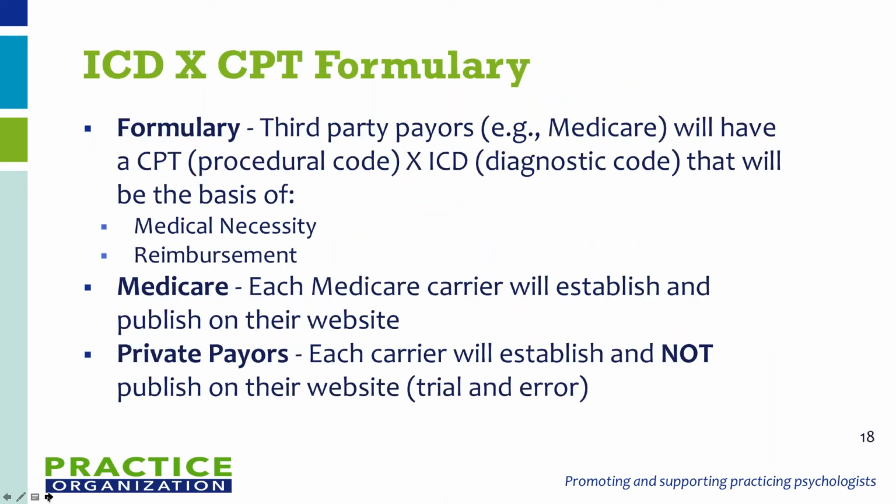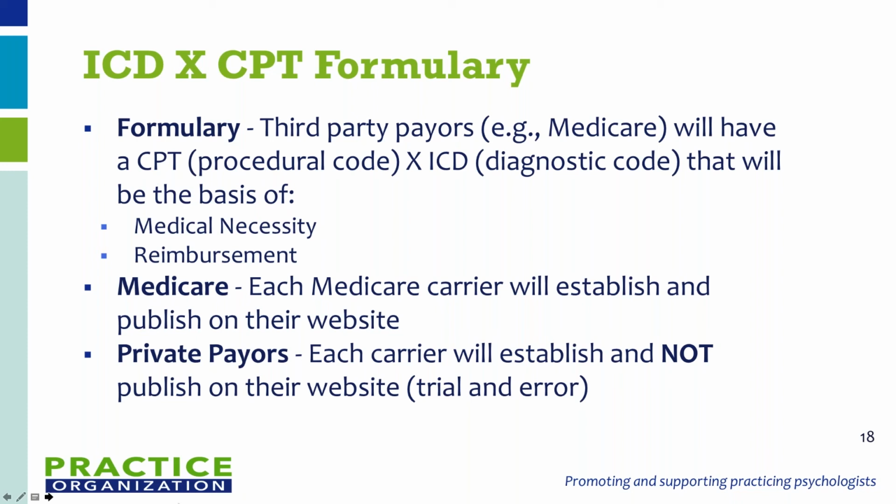The formulary that is really the holy grail for us is essentially what CPT code, in other words, what procedural code one is to use with what diagnostic code. For example, essentially it makes sense that you would do neuropsych testing for, let's say dementia, or you might do health psych testing for, say, diabetes or chronic pain.